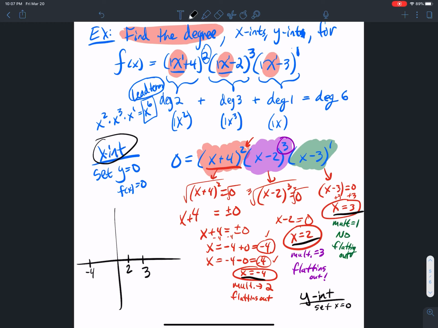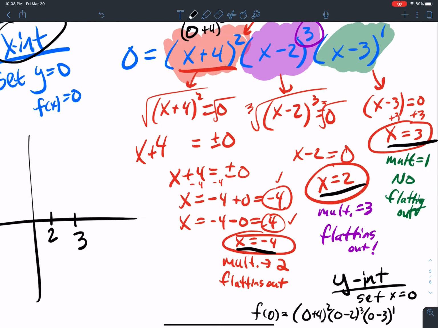If x is 0, that'd be 0 plus 4 squared, multiplied by 0 minus 2 cubed, and then 0 minus 3 to the 1.